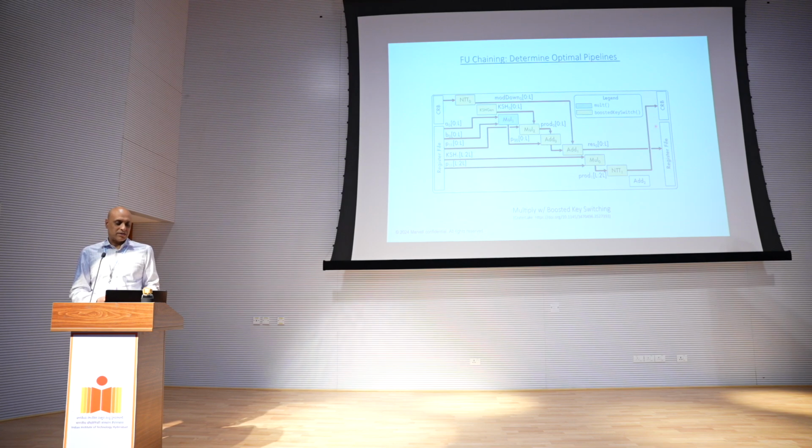This, for example, is a simple multiplication operation, but there's a bunch of upstream and downstream ciphertext maintenance operations that need to be done prior to multiplying two polynomials and then after multiplying two polynomials. So what is the actual way to optimally arrange those functional units in a pipeline? And of course, different chips will take different approaches. This is just one example from a chip that was designed at MIT called Craterlake.